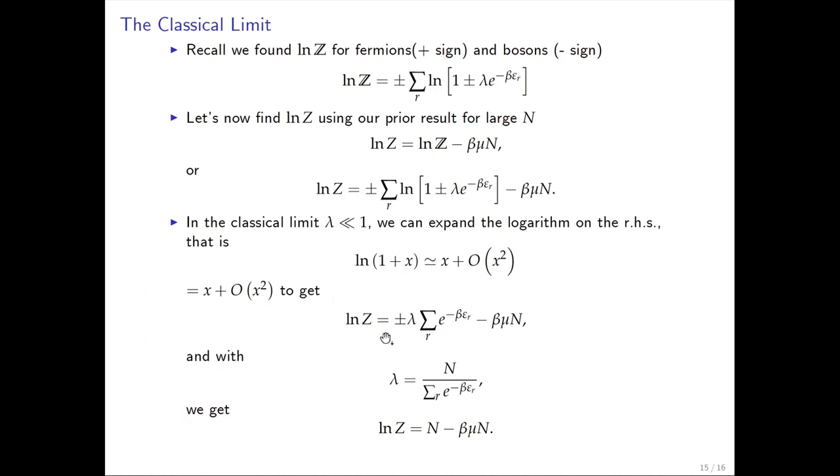Anyway, we get this. So the log of the canonical partition function is just plus or minus lambda sum over r of e to the minus beta epsilon r, minus beta mu N. Here we still have this term.